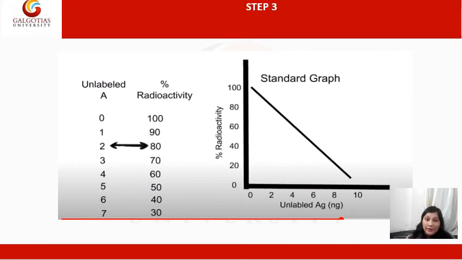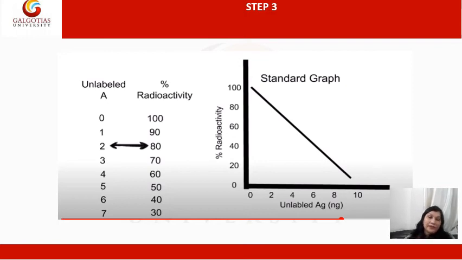Now we have more unlabeled antigen in our solution, so more competition takes place between unlabeled and labeled antigen, and there will be a greater decrease in the radioactivity of the microtiter plate, right? Suppose in this step we find 80% radioactivity, meaning 20% has decreased.